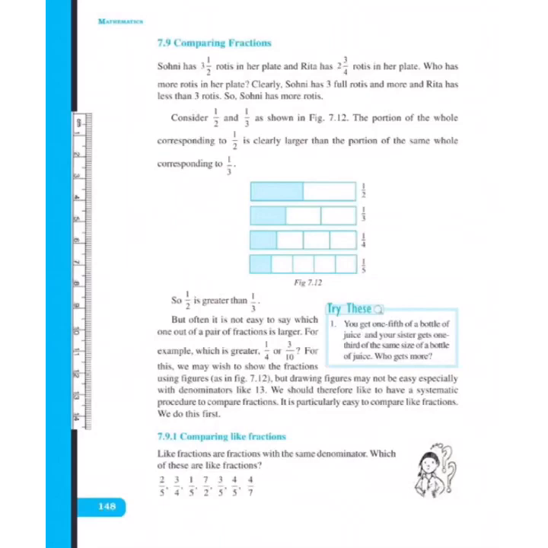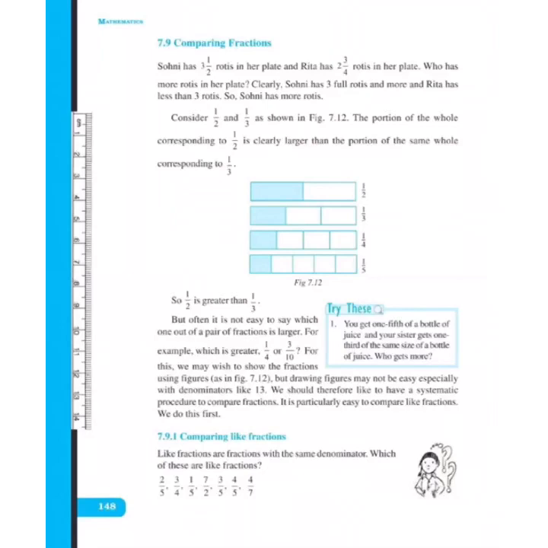That means they are divided differently, but they are the same whole. If you notice both the fractions, you will observe that the portion of the whole corresponding to 1 by 2 is clearly larger than the portion of the same whole corresponding to 1 by 3. So we can conclude that 1 by 2 is greater than 1 by 3.